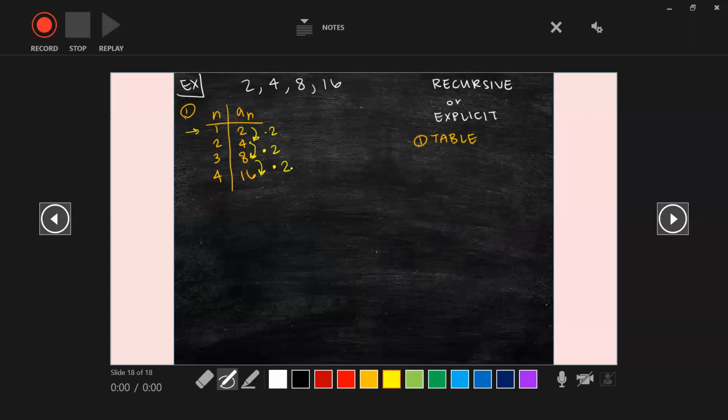So if we think about it and we say this out loud, let's go with these two. The second term is what? The first term times 2?